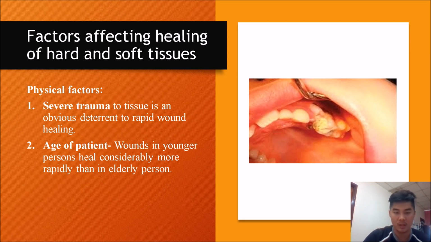This is because studies have shown that patients over the age of 60 have less formation of collagen, which is important in the formation of scar, and also decreased angiogenesis and epithelialization, which are seen more rapidly in younger patients. That's why patients with older age find it hard for the wound to heal.